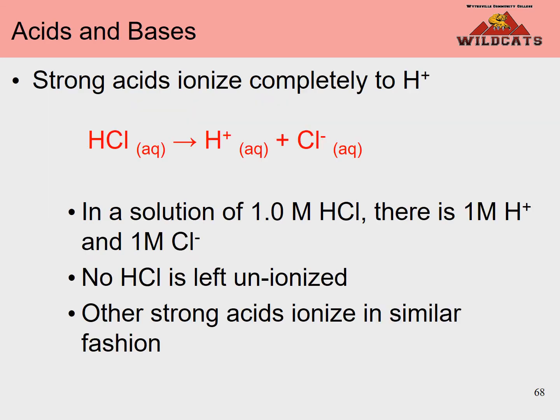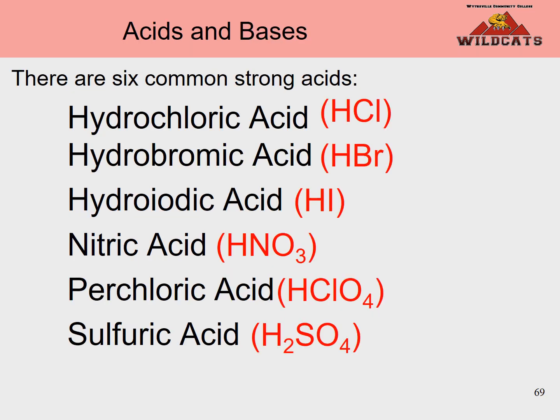Well, strong acids ionize completely to H+. Classic strong acid is HCl, or hydrochloric acid. Produces hydrogen and chlorine. When we drop HCl into water, it completely breaks apart into hydrogen and chloride ions. There are 6 common strong acids.